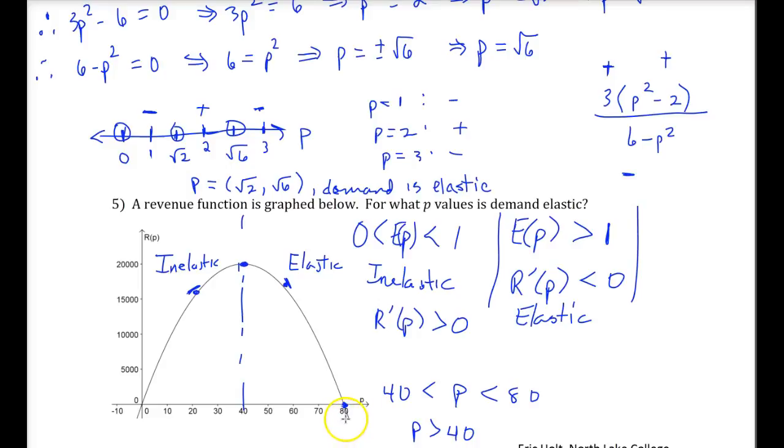And so realistically speaking, we wouldn't be operating in a sense to where we're actually losing revenue at that point. Okay, so that's why a more realistic answer would be for values in between 40 and 80. All right, let's move on to number 6.